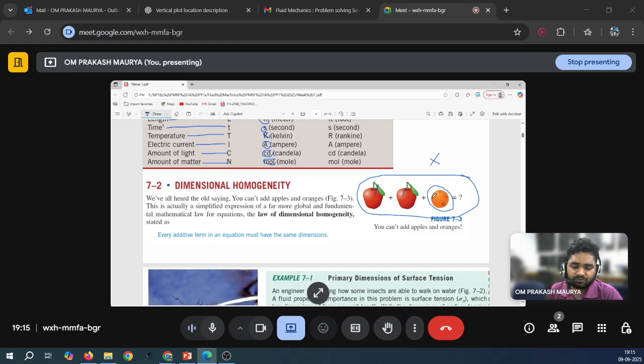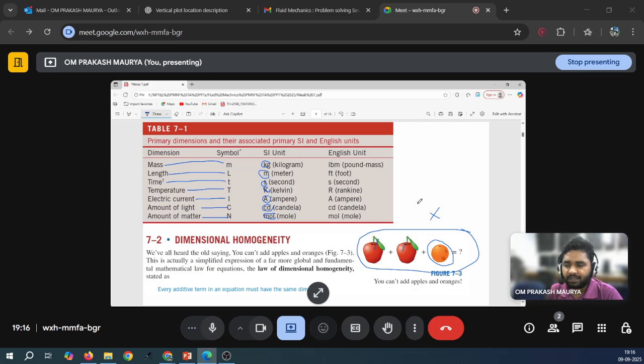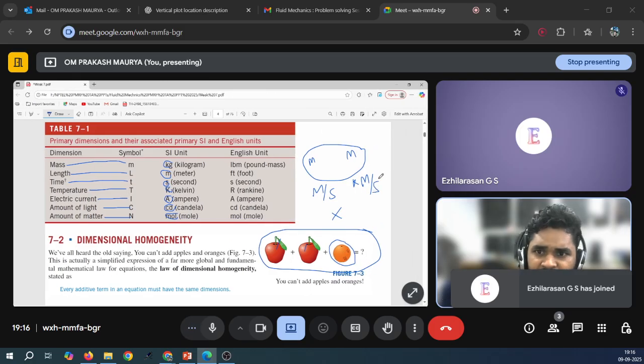Homogeneous means the things should be the same. If a quantity has unit meter and another quantity has unit meter, then we can say this is dimensionally homogeneous. If one quantity has meter per second and another has kg meter per second square, you cannot say this is homogeneous.